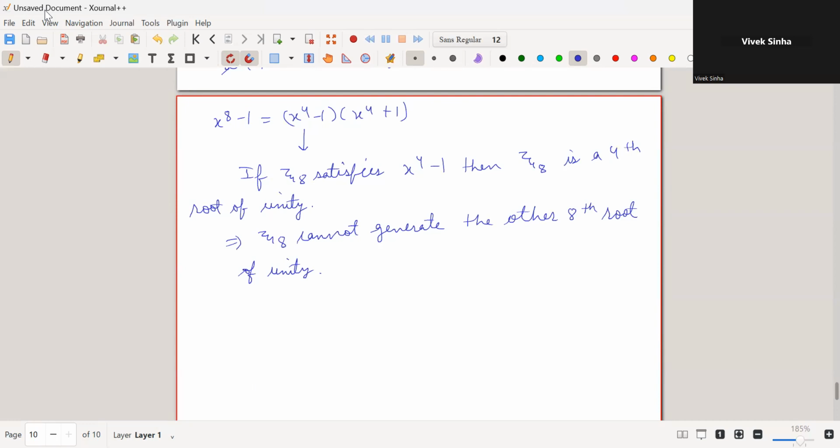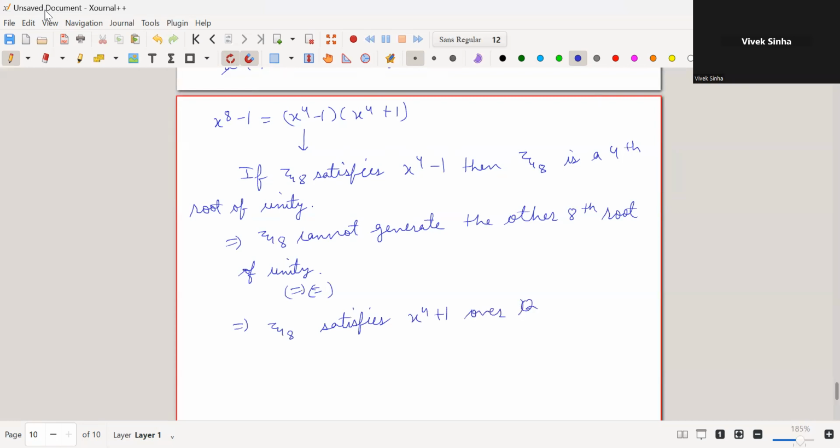It can generate at most four. This is a contradiction. So this implies C8 satisfies x4 plus 1 over Q.